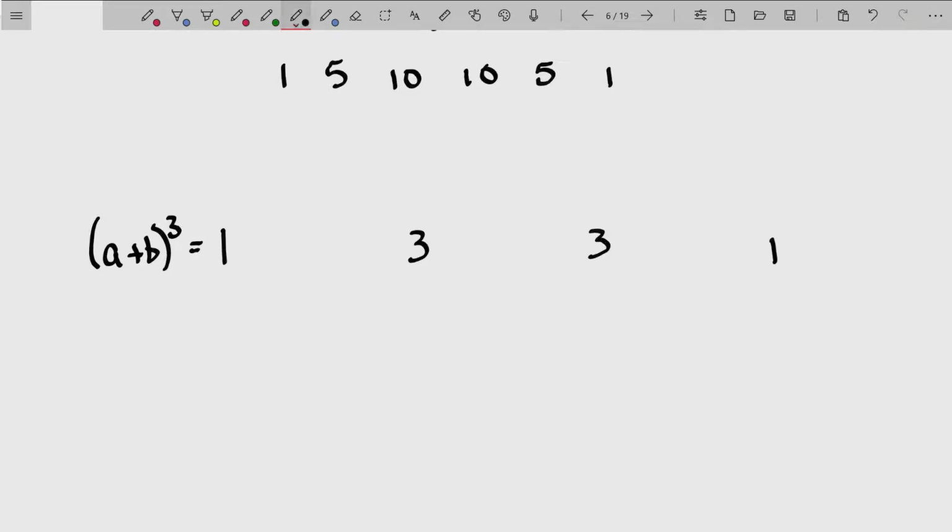So I end up doing this in my head. Okay, this is an A, this has an A, this has an A, and that has an A. And they all have B's as well. B, B, B, B. The A's start at this power right here, so cubed, and they decrease. 2nd, 1st, and 0th. The B's, on the other hand, start at the 0th power and increase.